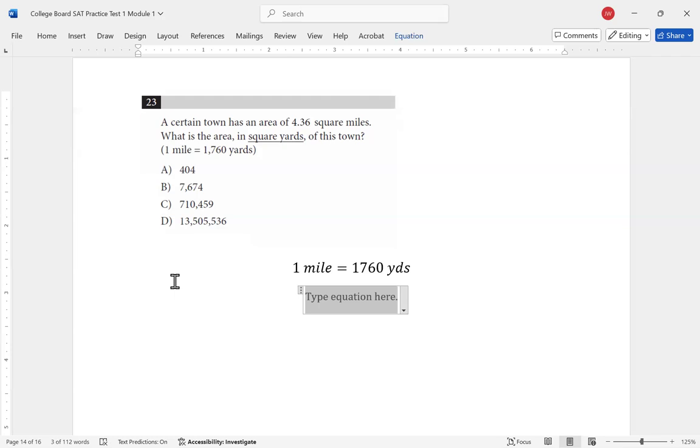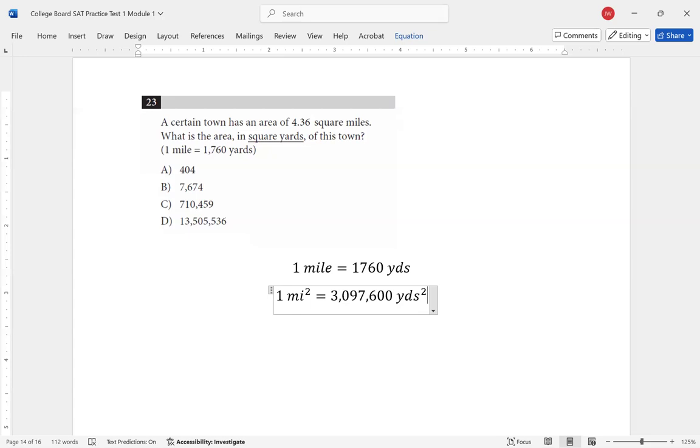If we square both sides, that tells me 1 square mile is equal to 1,760 squared, which is a very large number. It would be 3,097,600 square yards.